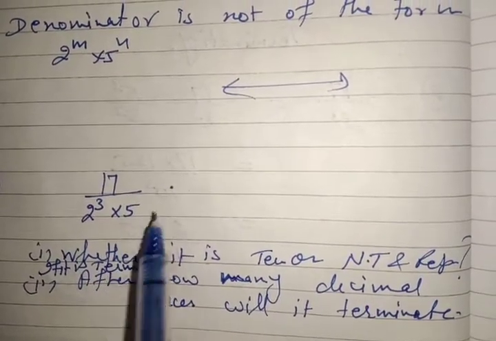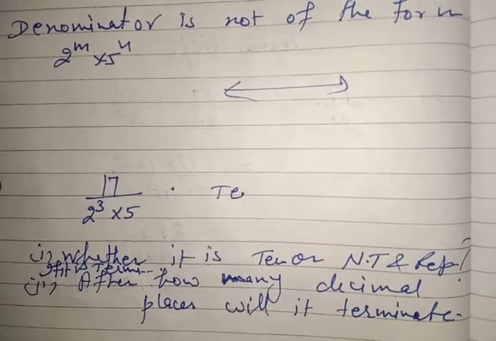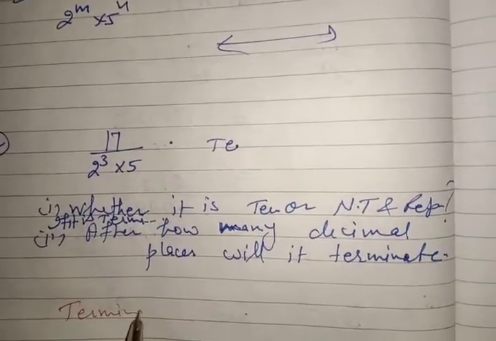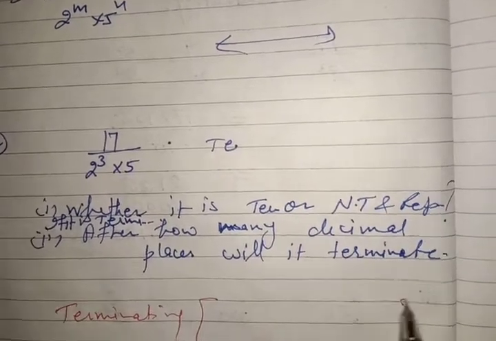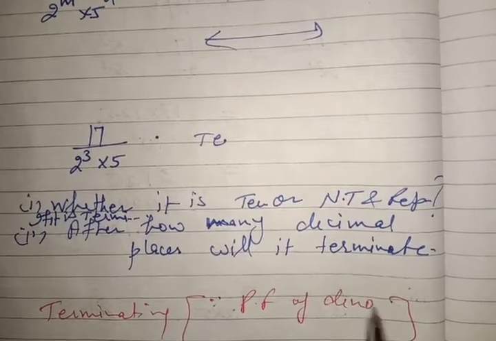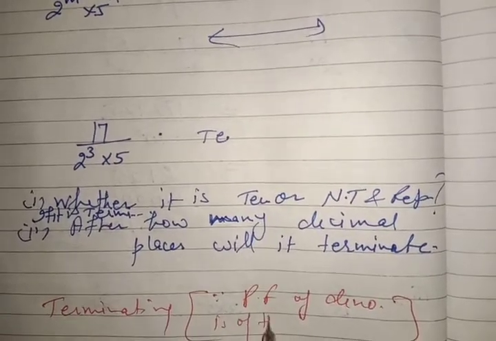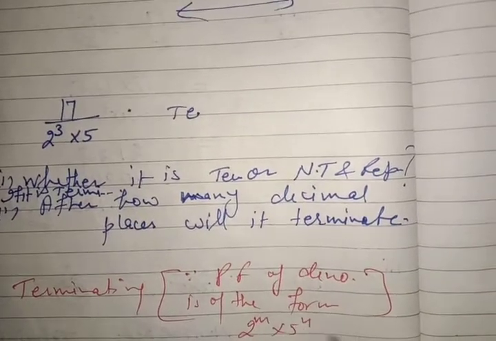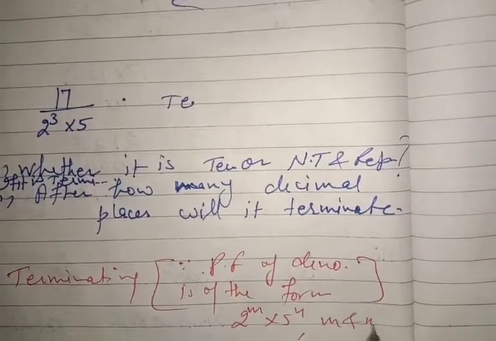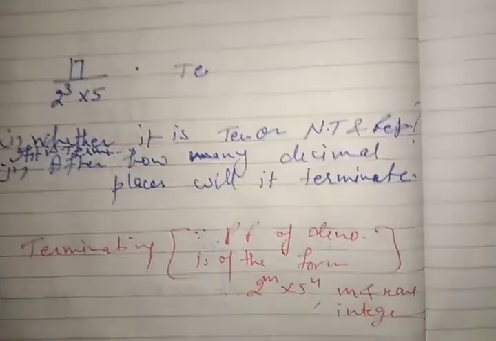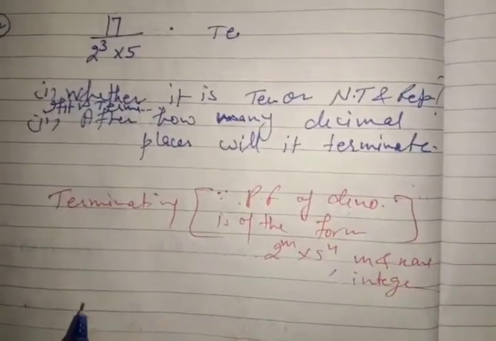First of all, you will say it is terminating. You will write that it is terminating because the prime factors of the denominator are of the form 2^m 5^n, where m and n are integers. Second answer, after how many places will it terminate?